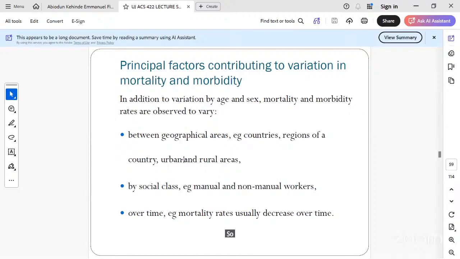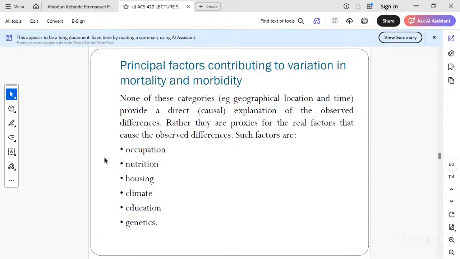So those are the factors. But the two factors that have been captured in our life table are age and sex. And that's why if you check your life table, all the computation of the survival probability and mortality rate is a function of age.